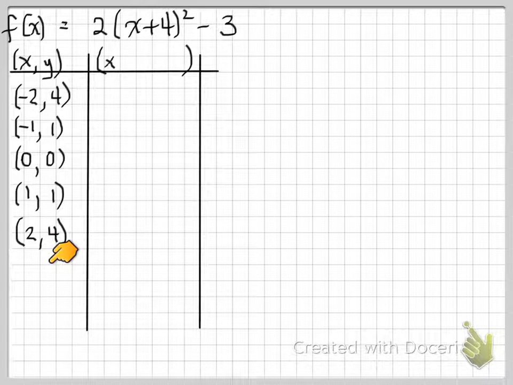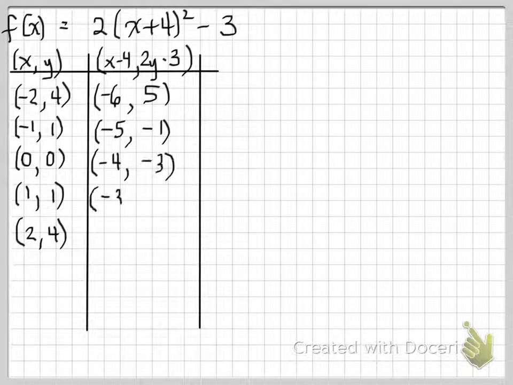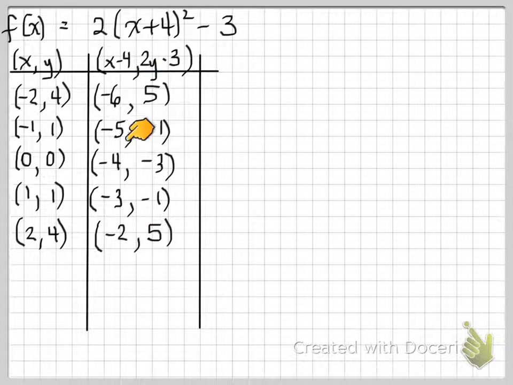We draw the new coordinates, which would be x minus 4 and 2y minus 3. Looking up here, these are coordinates. We calculate the new coordinates. Here they are. So we follow the rules about how to do the coordinates. Once we've done that, these are our coordinates for the original function, f of x.